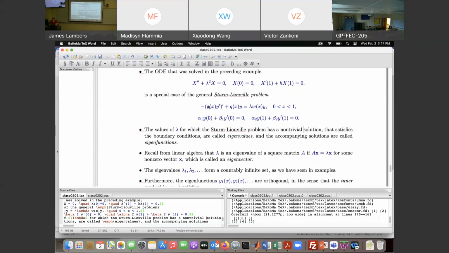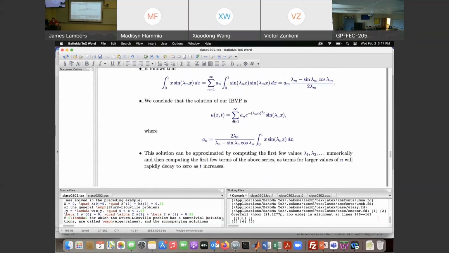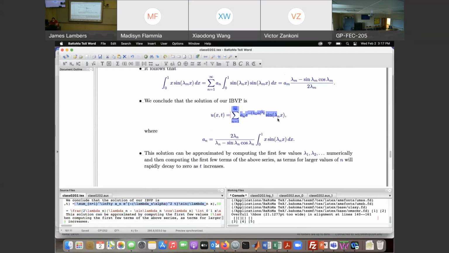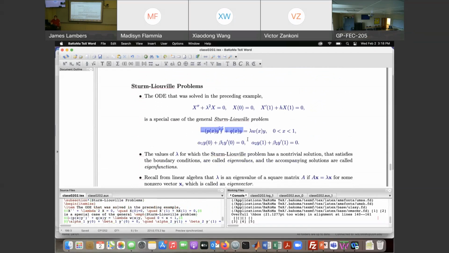So that's one property that this problem has, countably infinite solutions. We use that in problems like the example I just did, where your solution to an initial boundary value problem is a sum involving these infinitely many eigenvalues and the eigenfunctions that go with them. That holds true in general for a problem of this form.